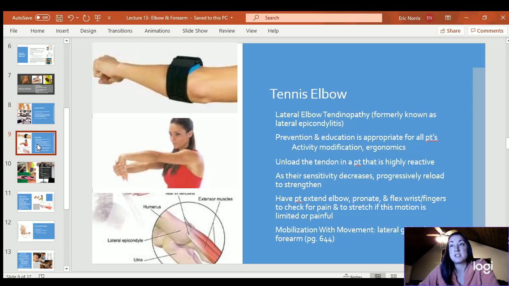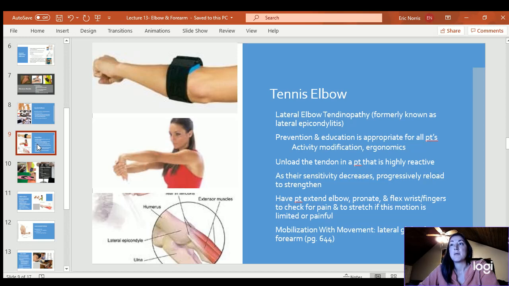Remember, we talked about tendinopathies with the shoulder, and a tendinopathy occurs with chronic stress and inflammation to the area, and eventually the tendon begins to kind of break down. It begins to become more weak. So tennis elbow is actually a weakening of the tendon in the lateral elbow.